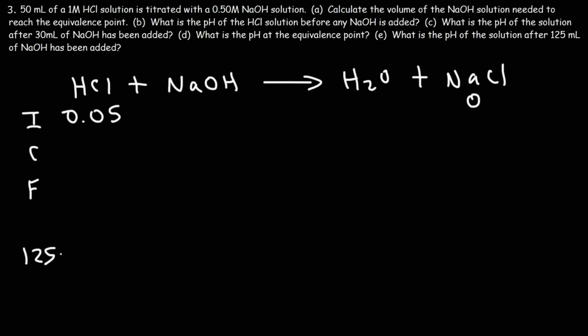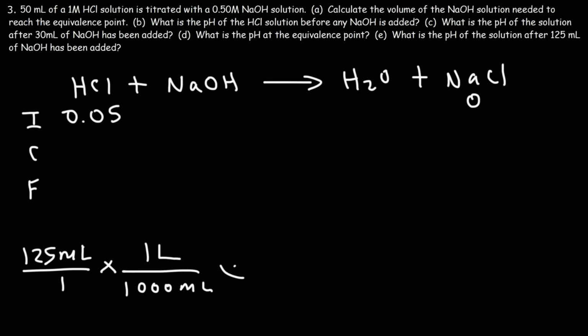Let's start with the volume of NaOH. So it's 125 milliliters. Let's convert it to liters by dividing it by 1,000. And then let's multiply it by the concentration of the solution. So 125 divided by 1,000 gives us a volume of 0.125 liters.